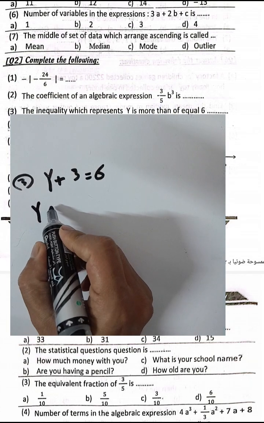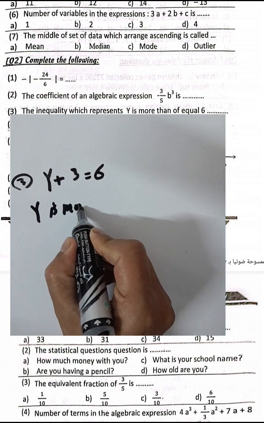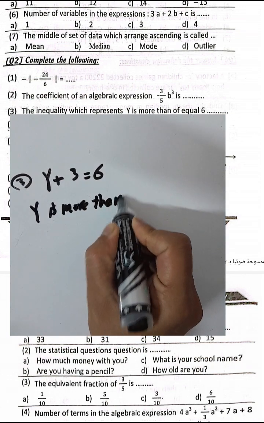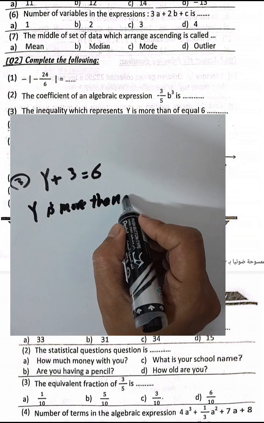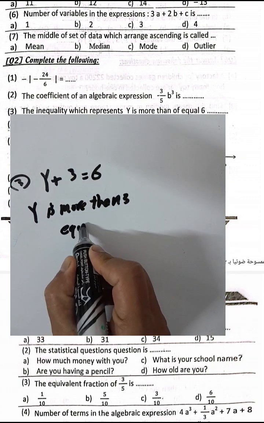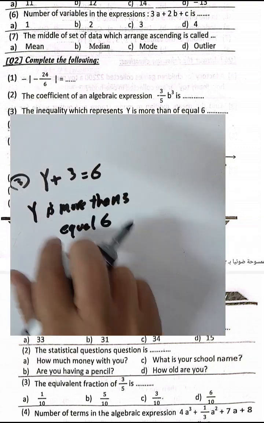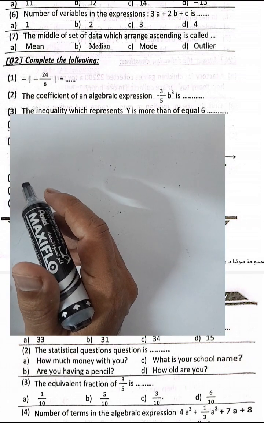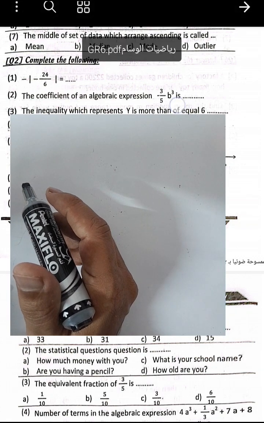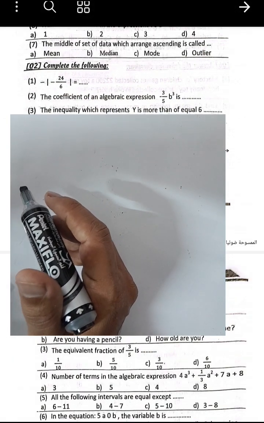Y is more than 3, equal 6. Okay, write 3 here. Cancel this word off and write 3. Okay, it's the wrong word here.